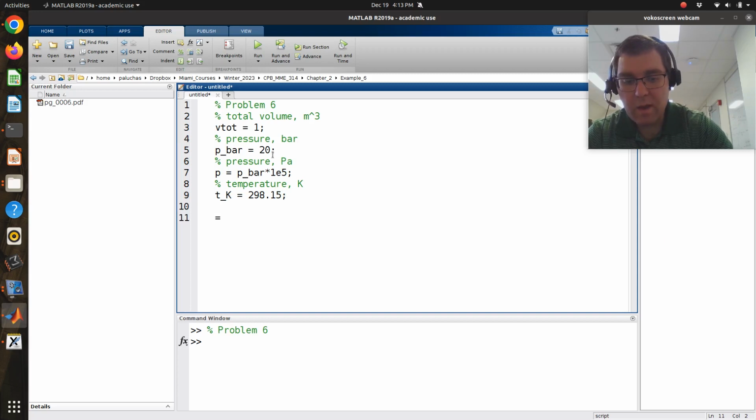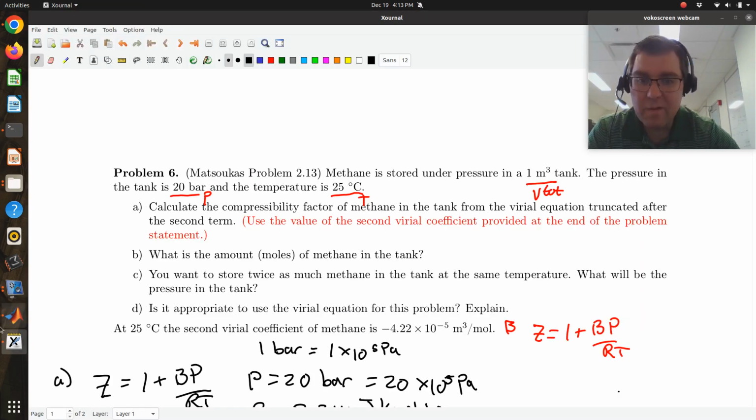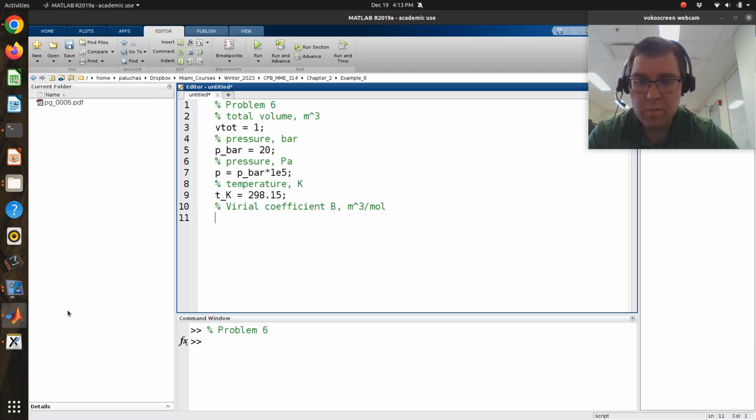And then the last piece was my virial coefficient, which has units of meters cubed per mole, and B was negative 4.22 e to the negative 5.